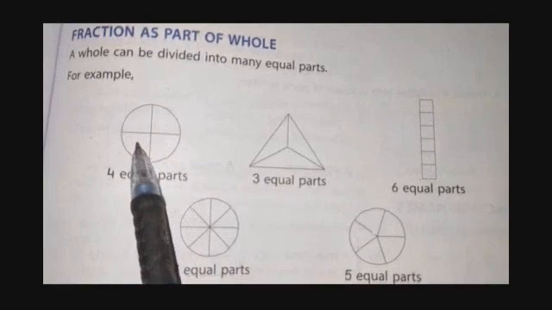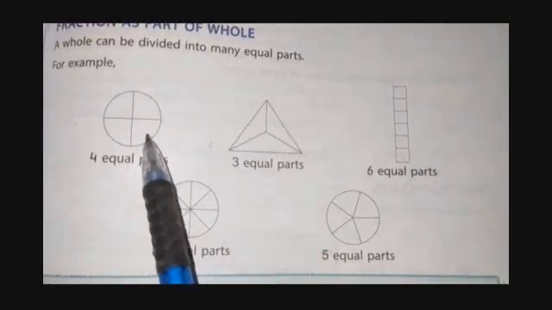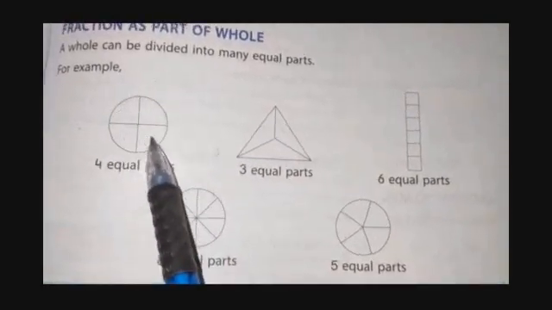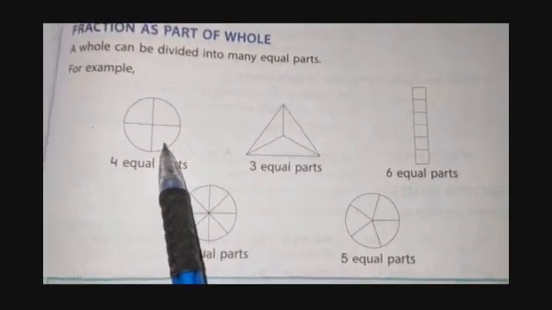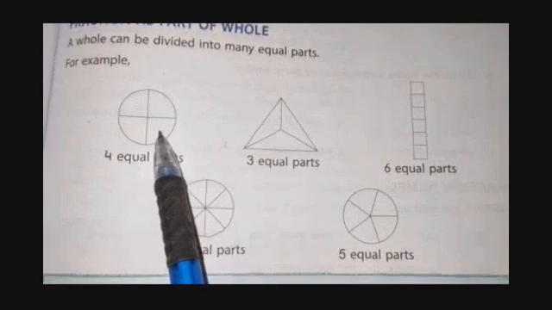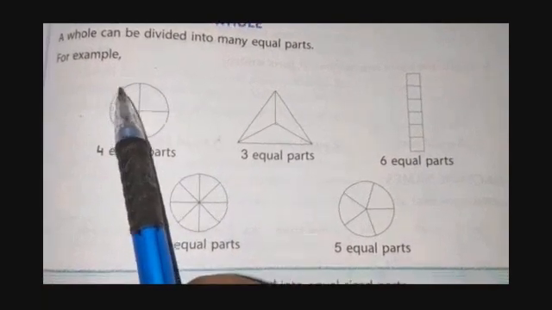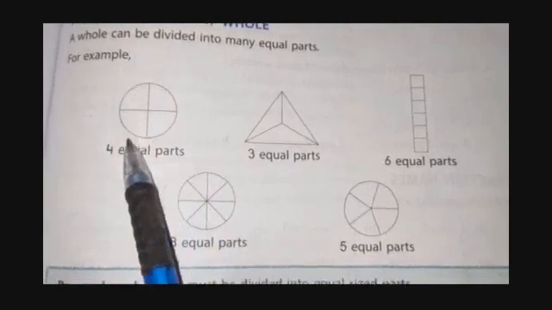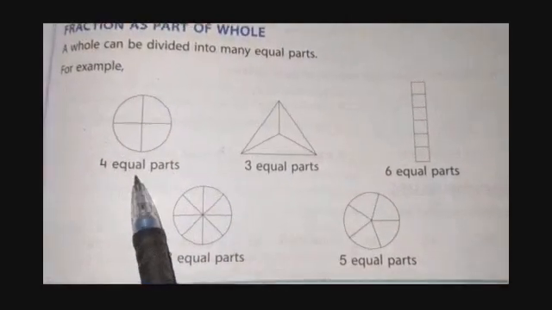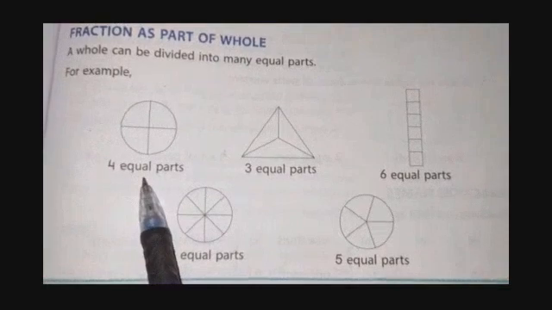These shapes are equally divided. This is a circle, and this circle has been divided into 4 equal parts. As you can count, 1, 2, 3, 4. So this particular circle has been divided into 4 equal parts.